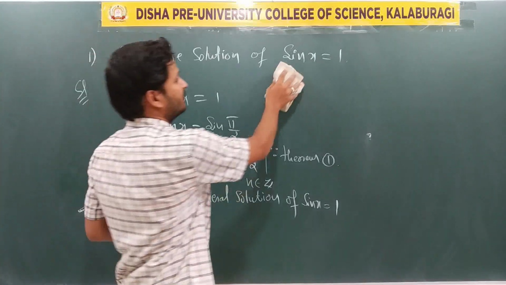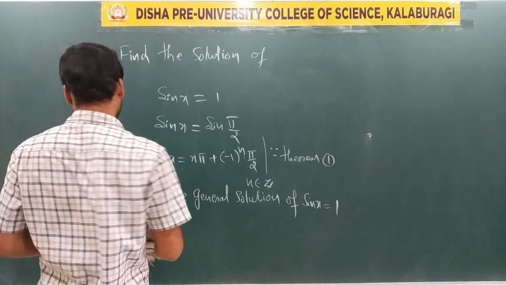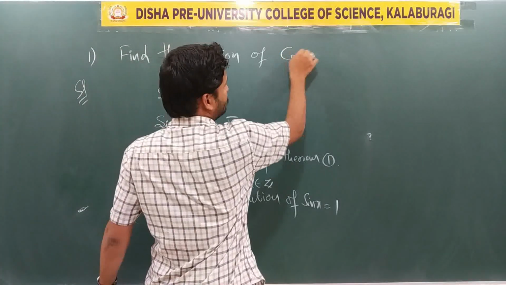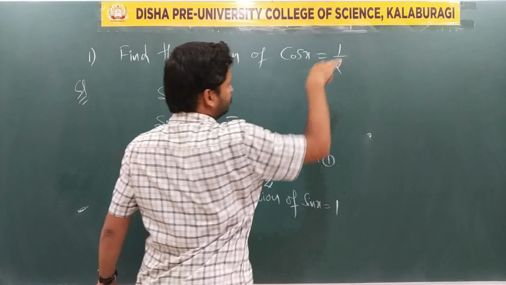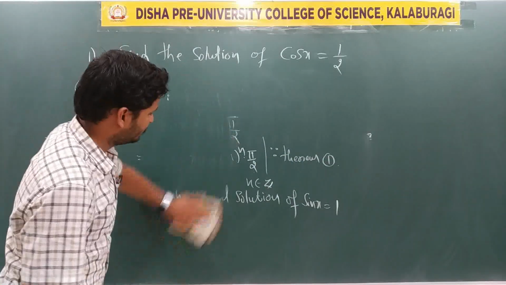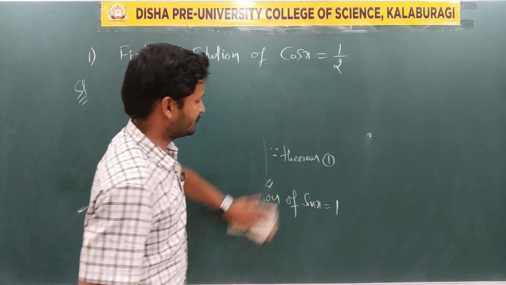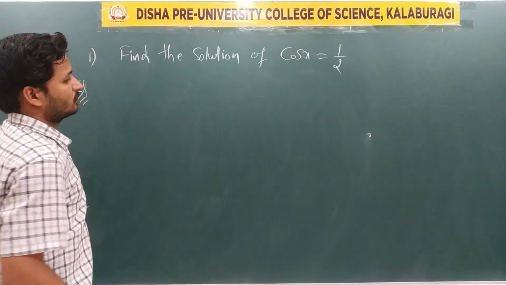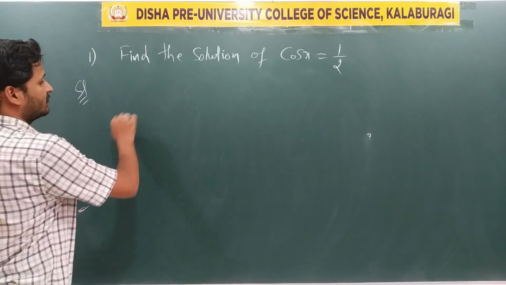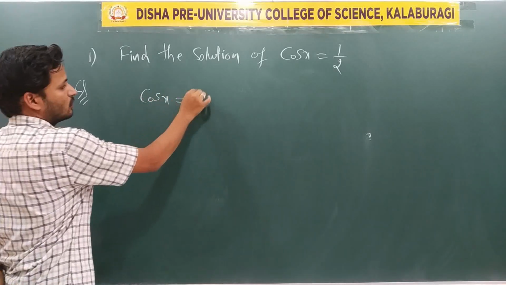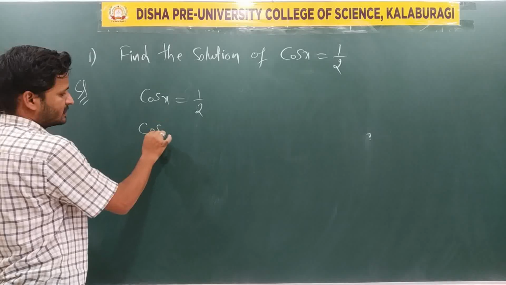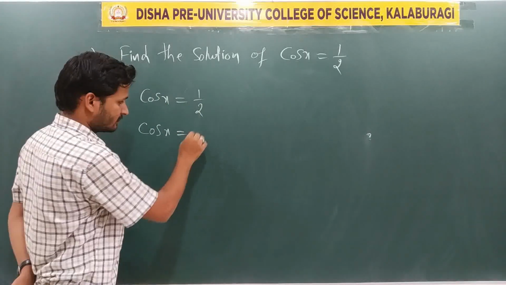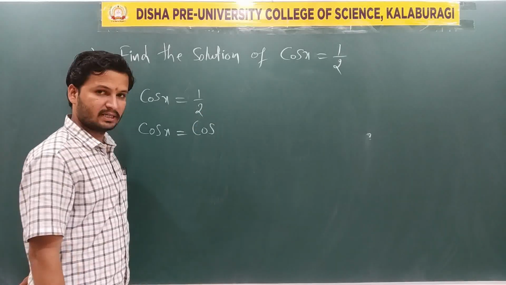Next, the second one. Find the general solution of cos x is equal to 1 by 2. Given trigonometric equation cos x is equal to 1 by 2. In terms of cos, 1 by 2 can be written as cos of 60 degrees, correct?